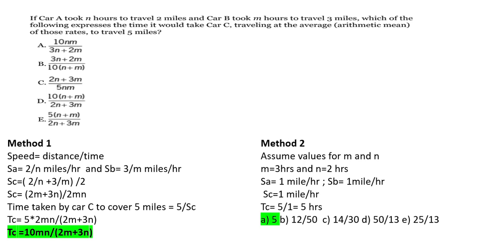I've just cross multiplied this and made it 2m plus 3n divided by 2mn. So now the time taken by car C to cover 5 miles, as we are aware, since speed is distance by time, time is distance by speed. We have the speed of C, which is 2m plus 3n divided by 2mn, and we also know that the distance it has to cover is 5 miles.